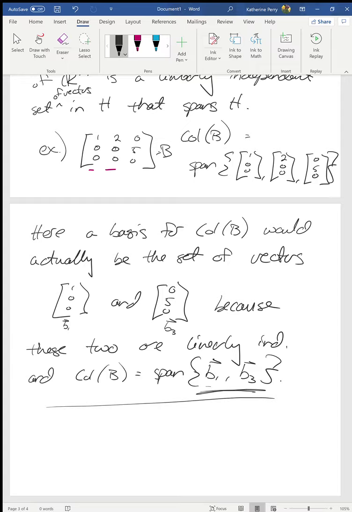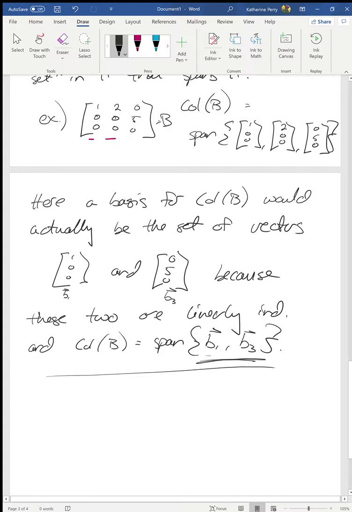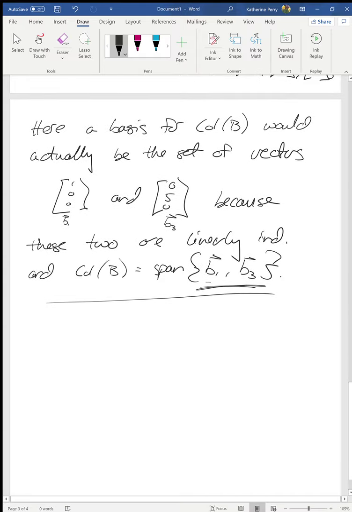Okay, and lastly, I want to leave everyone with an example that we are going to work out together in class, but in case anyone wants to get a head start practicing with these concepts or these definitions, I'll leave them.